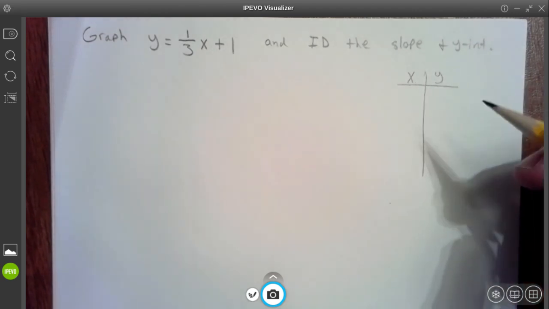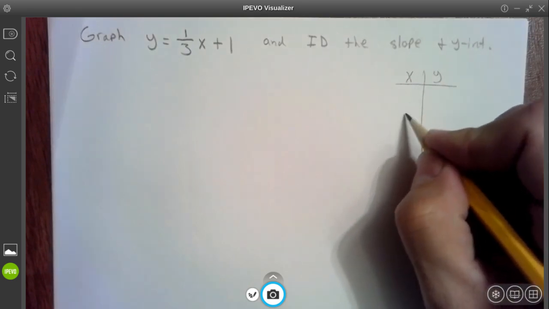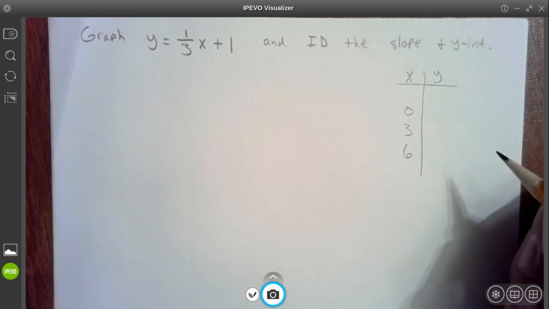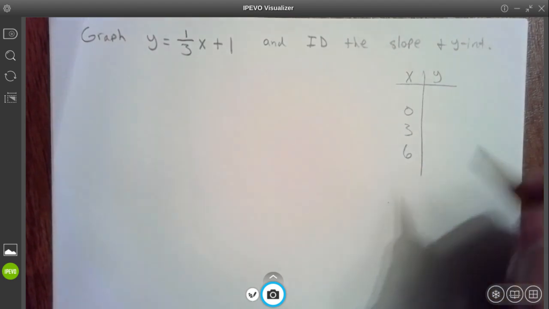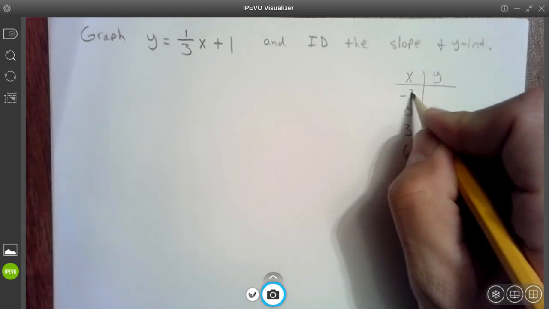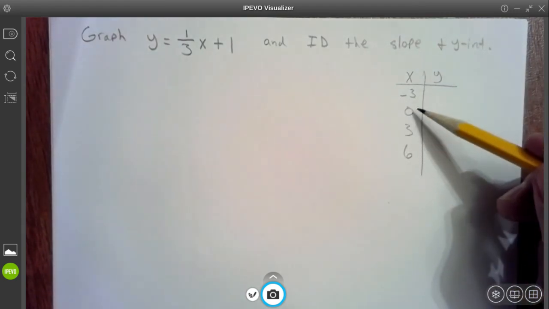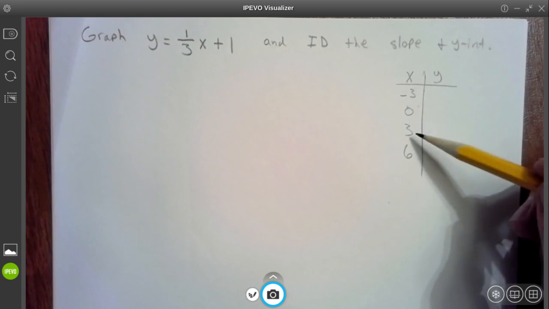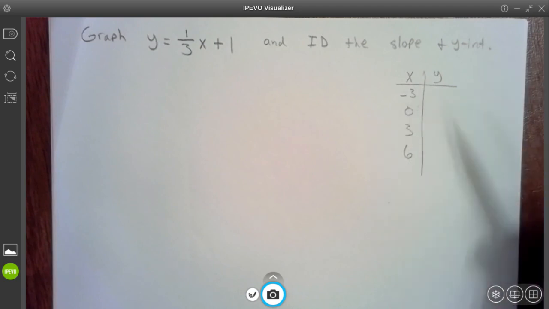I usually start off with 0. I'm going to do 0, 3, 6, and I'll go backwards as well. I'll do negative 3. The reason that I was going by 3s this time is because I was thinking about the numbers that I plug in.